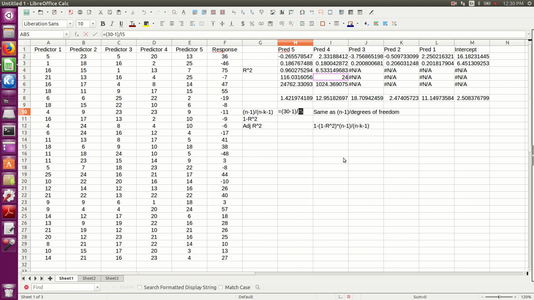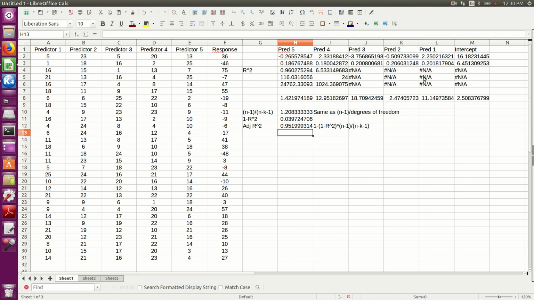I would get 24. And hit enter. So I get that number. Then I'll do equals 1 minus my R squared. Then equals 1 minus this 1 minus R squared times this number here. And so I see my adjusted R squared is about 0.952, whereas the R squared was about 0.96.